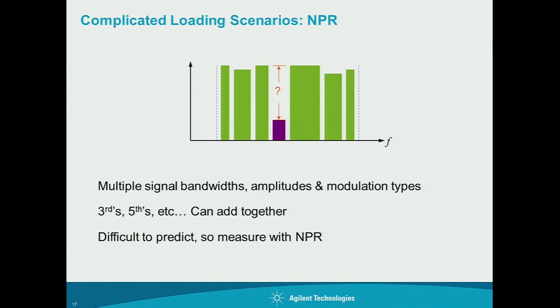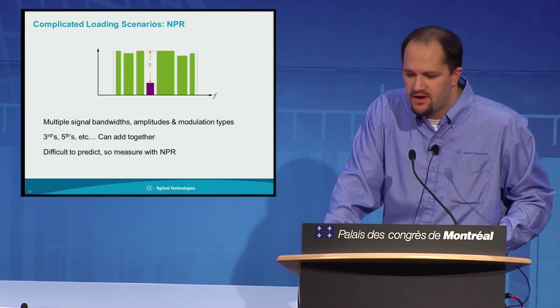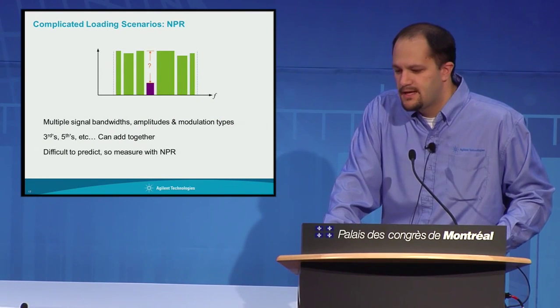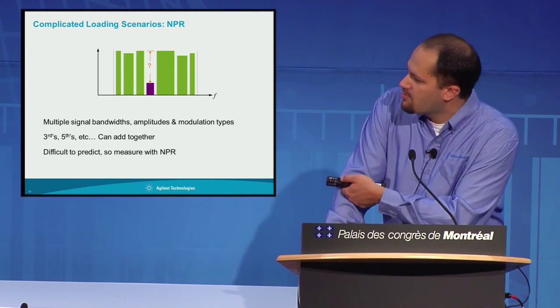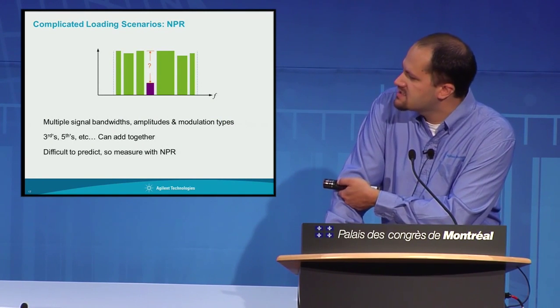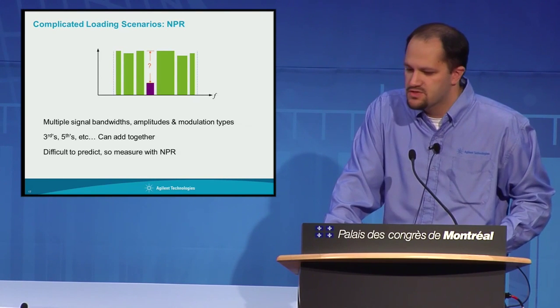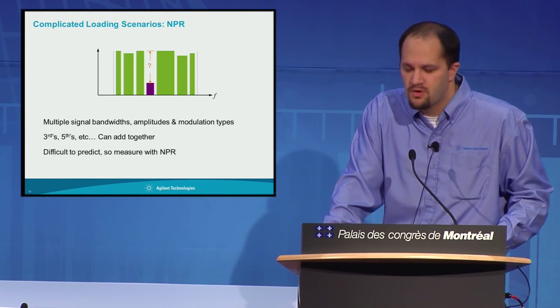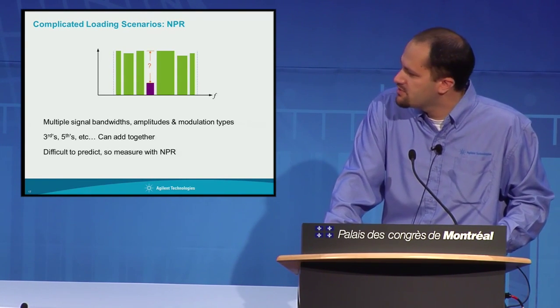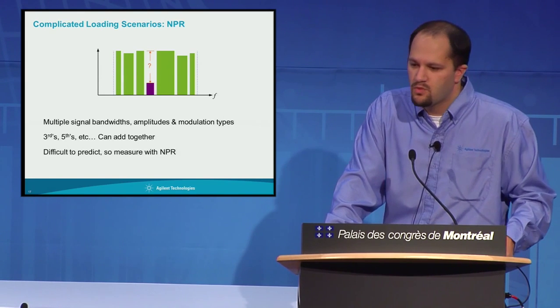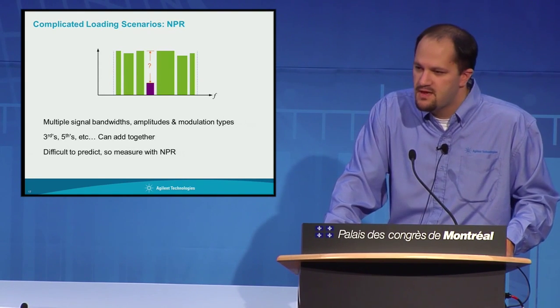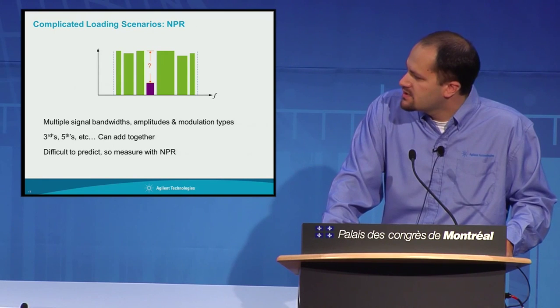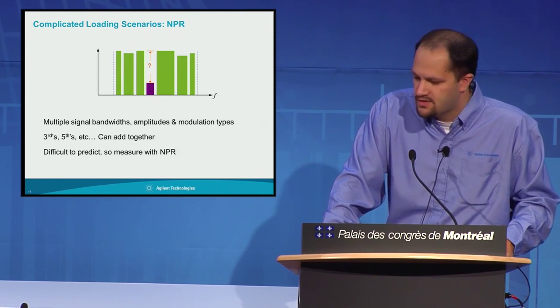So obviously we have multiple signal bandwidths, different amplitudes and modulation, and these products eventually add together, and then it becomes difficult. So customers use a methodology called noise power ratio to determine what that out-of-band energy is and make a metric on those nonlinear elements in their system.